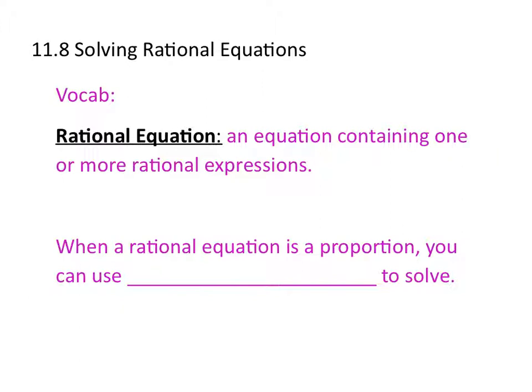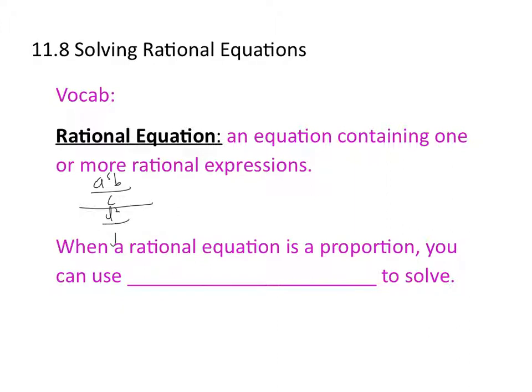This was a word that we have seen and heard before, so please right now jot down what you remember to be a rational equation. Great effort! Some of the examples I came up with were a complex fraction, which would be a to the fifth b over c divided by d squared over j.